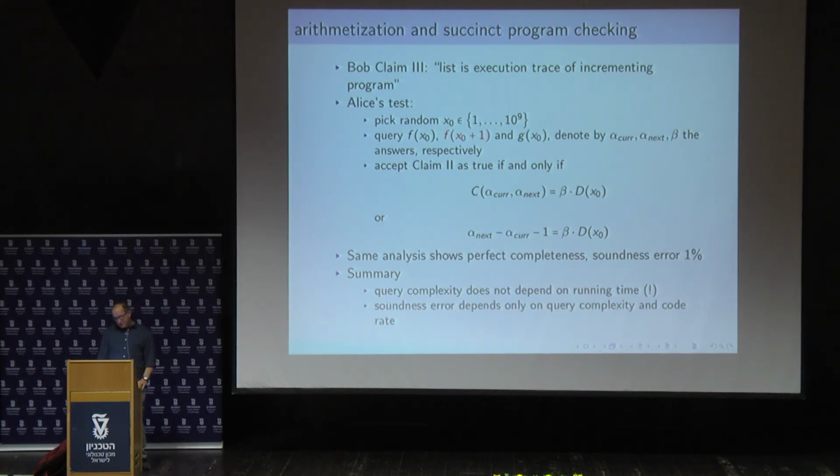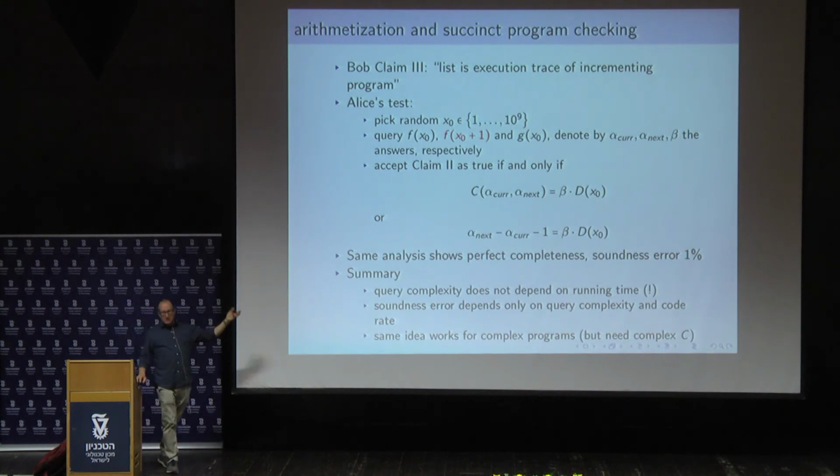And in fact, the soundness error depends only on the number of queries you're making and on the rate of the error correcting code, on the ratio between the degree of the polynomial and the number of evaluation points. Cool. And now you're thinking, okay, maybe it works only for this program.